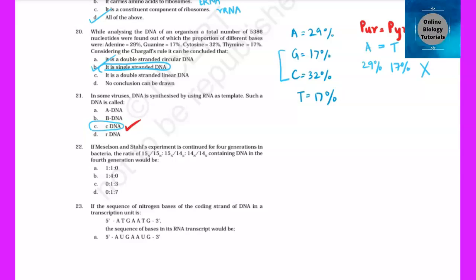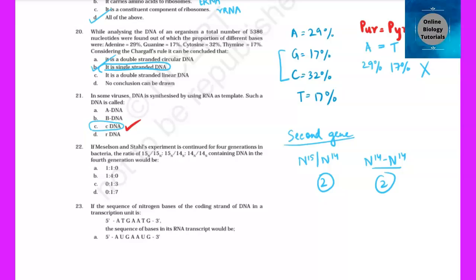You have to remember a logic for solving this question: in the second generation you had N15-N14 only 2, and N14-N14 only 2. This you have to learn, right?